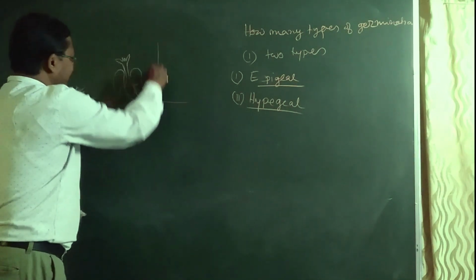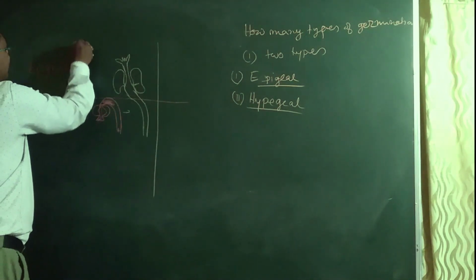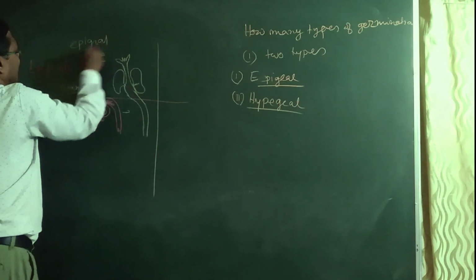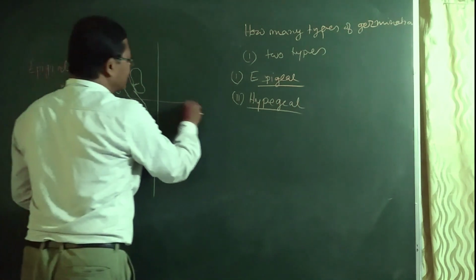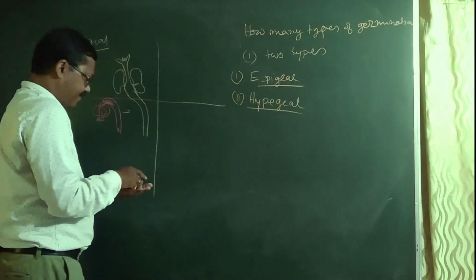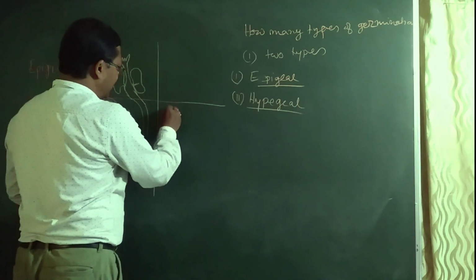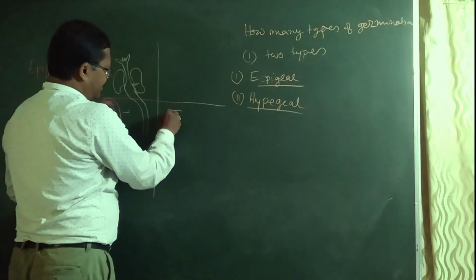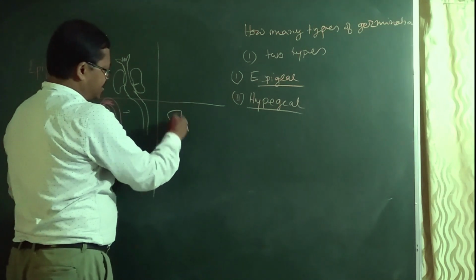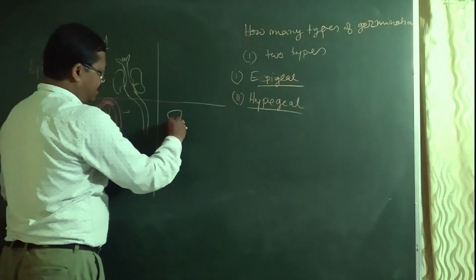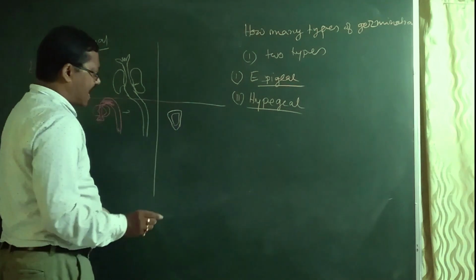This is called epigeal and the latter is hypogeal. What happens in hypogeal germination? Suppose this is a maize grain. It germinates.